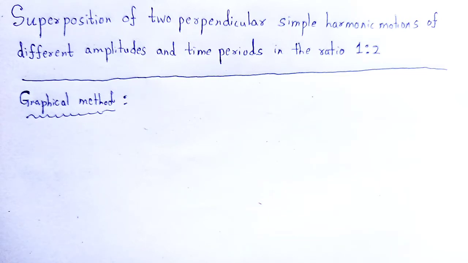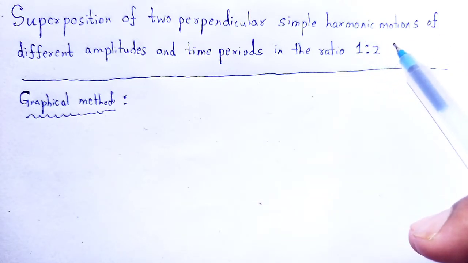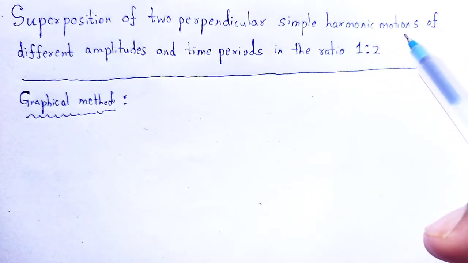Here we discuss two simple harmonic motions of different amplitudes, at right angles to each other and having time periods in the ratio 1:2, acting on a particle.